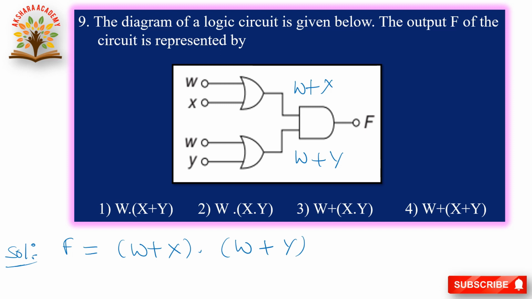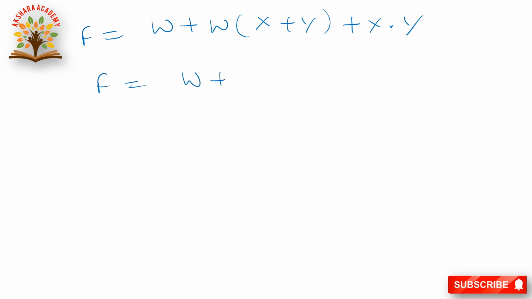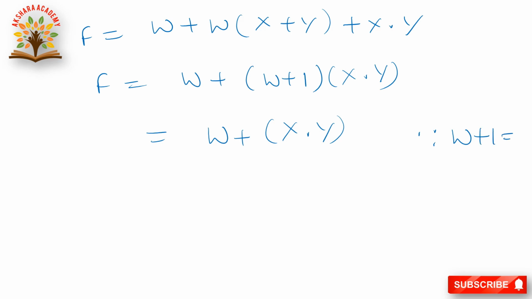So this is equal to W · W + W · Y + W · X + X · Y. Next we can write F = W + W(X + Y) + X · Y. So F = W(1 + X + Y) + X · Y. So that is equal to W + X · Y, since W + 1 is equal to 1. Therefore F = W + X · Y.